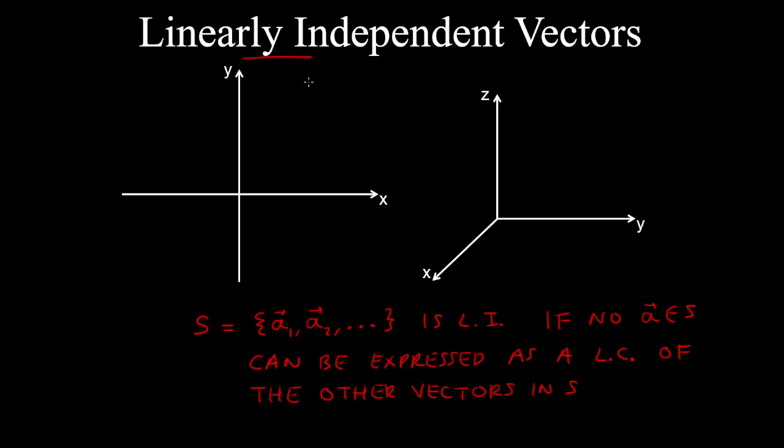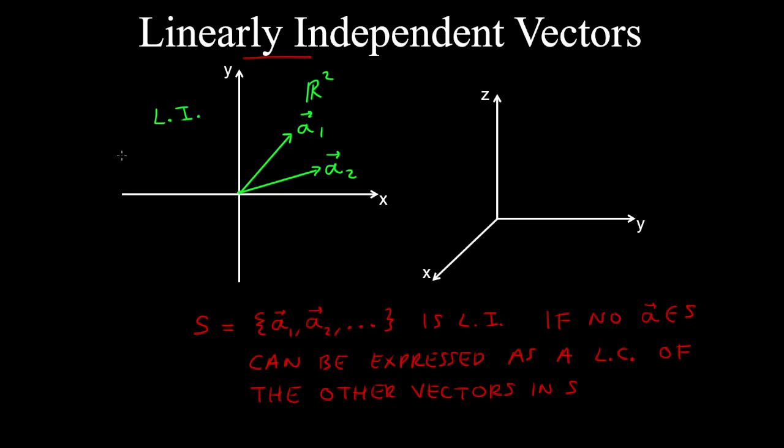Now suppose we have two vectors in 2 space, for example, A1 and A2, with their initial points at the origin. Because they don't lie on the same line, these vectors are linearly independent.